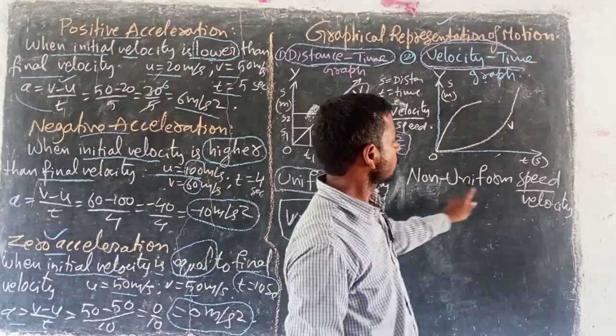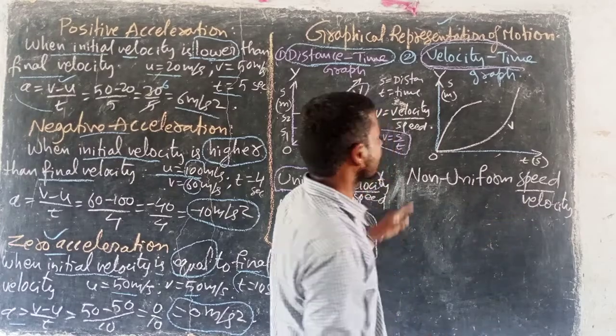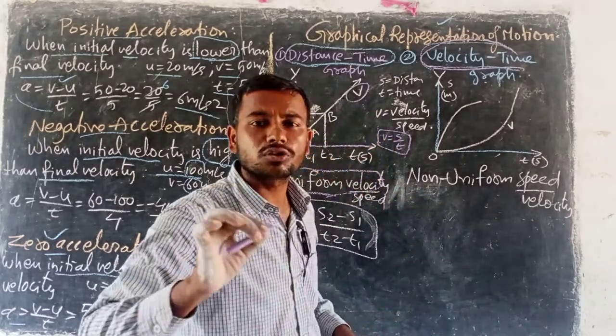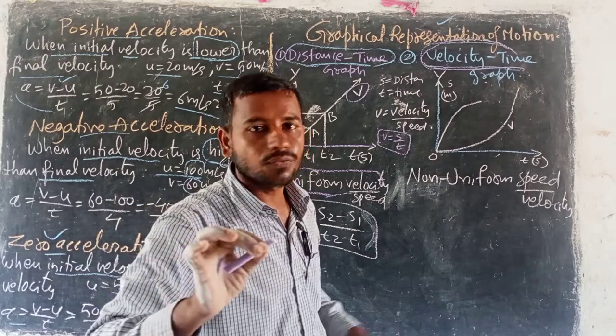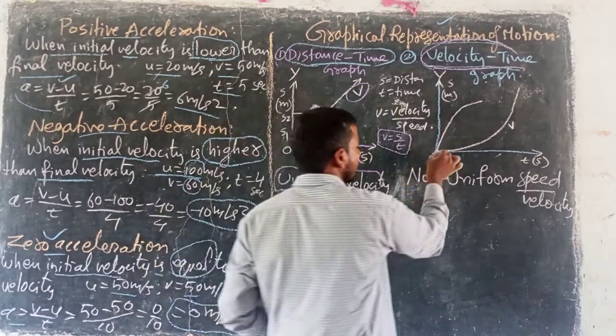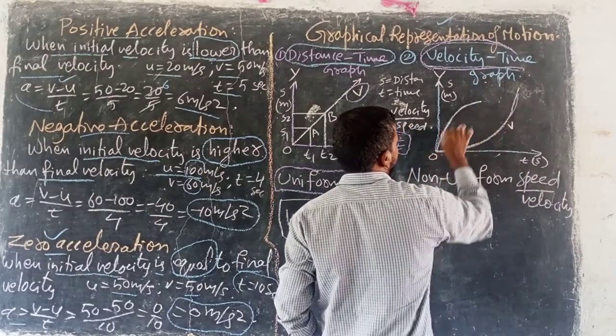And here non-uniform speed. When we look at non-uniform speed, the velocity line will not come at a 45 degree line. Like this it does not come, but it comes in curved form or zigzag form.